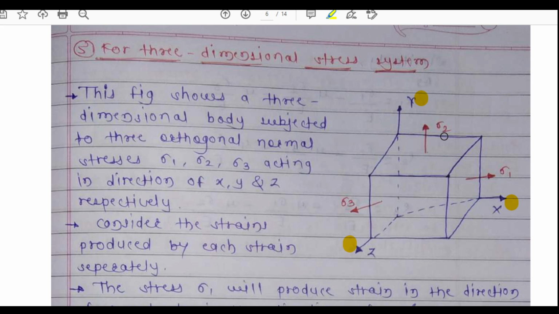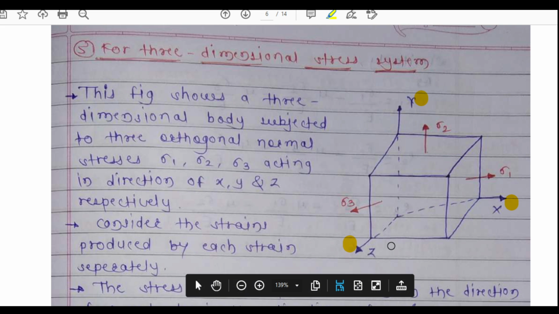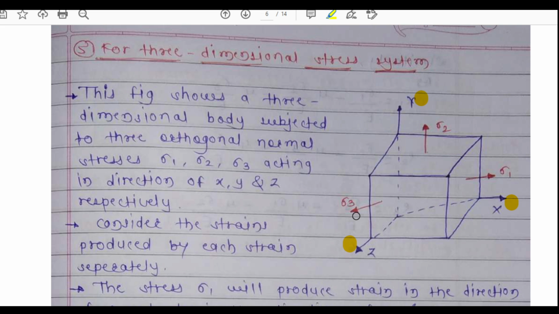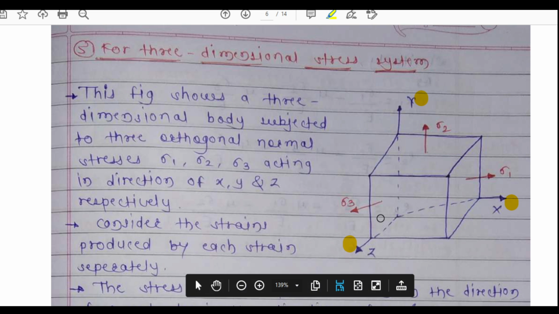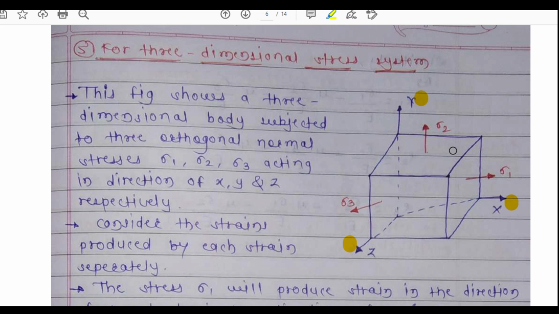Similarly, due to sigma 2, y direction will produce your longitudinal strain, and x and z direction will produce the lateral strains. Similarly for sigma 3, z direction will produce your longitudinal strain, and x and y direction will produce the lateral strains. I hope you understand.